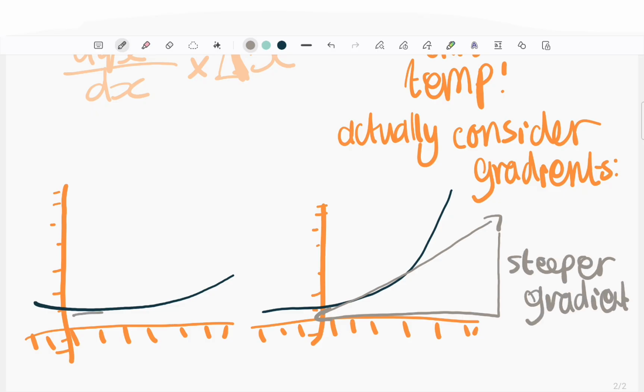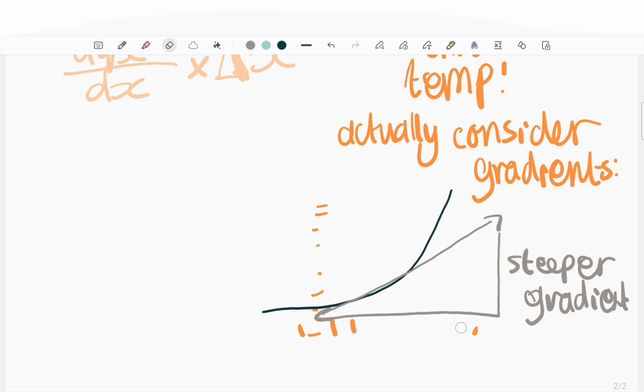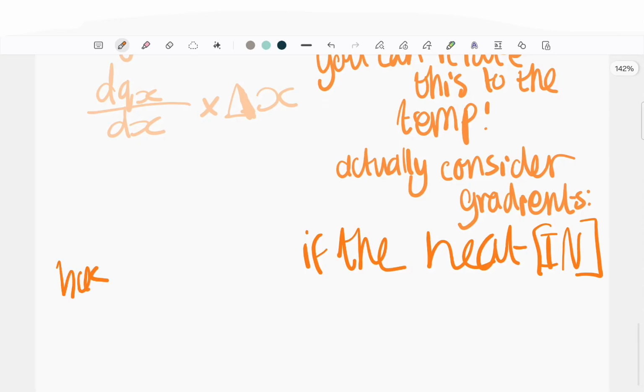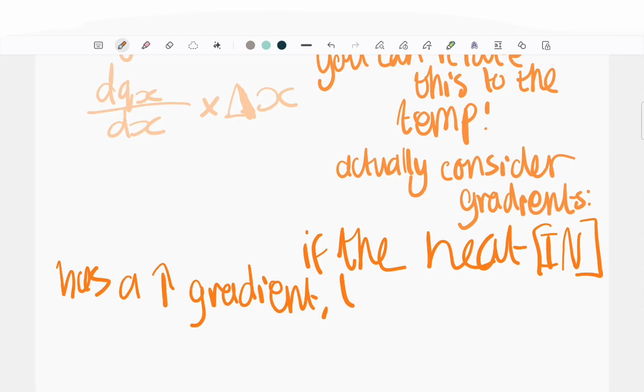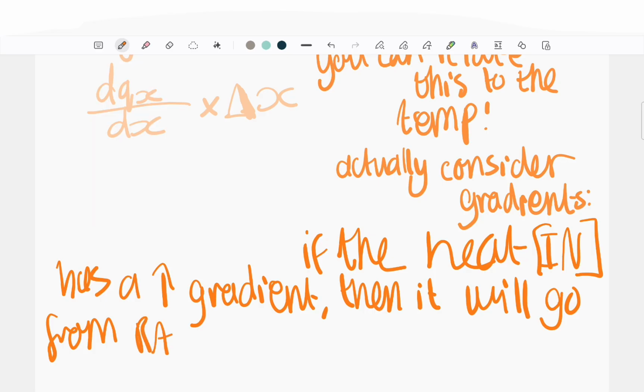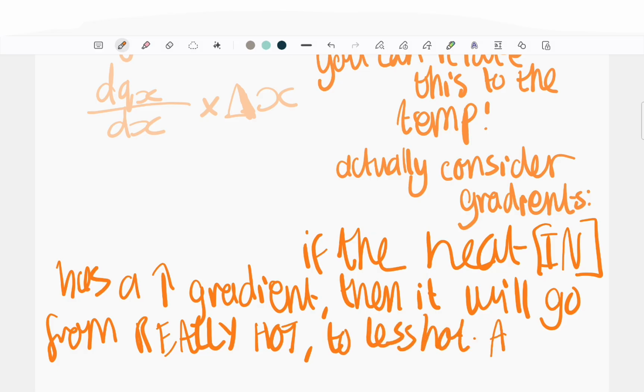The right hand graph is a higher exponential graph, the left hand is a less steep exponential graph. So those are examples of what it means to have a higher gradient and lower gradient. So here the heat in will have a higher gradient because there's more heat at the end, but as the heat flows through the cube, it will lose energy, and therefore the temperature decreases.